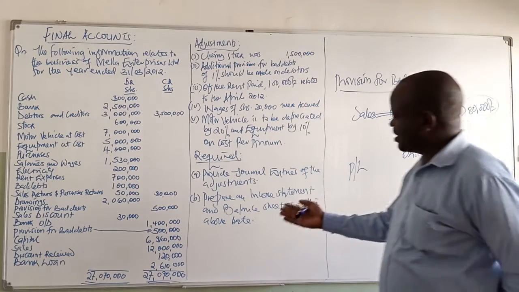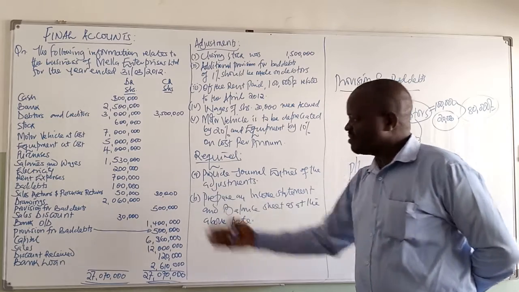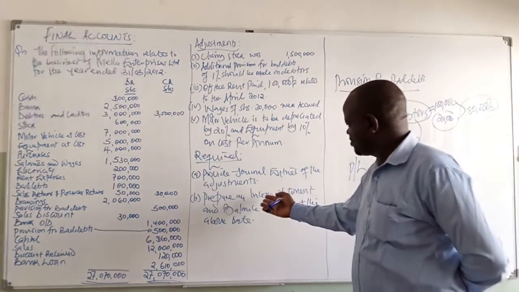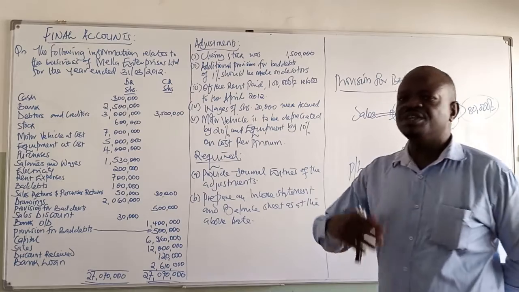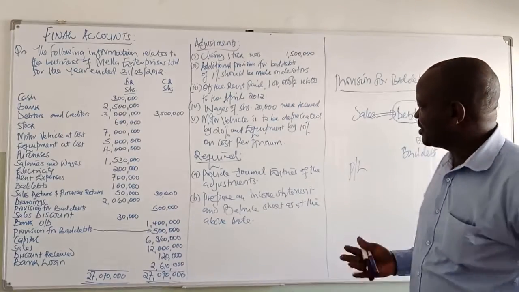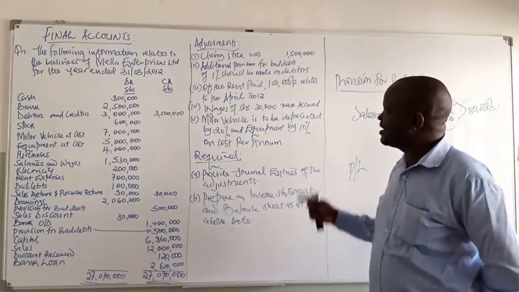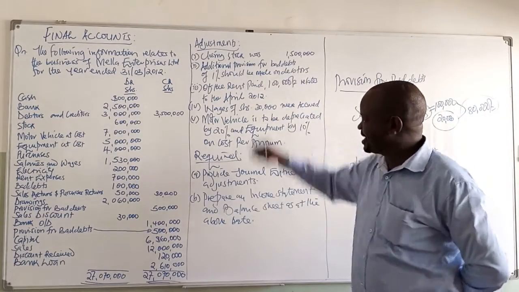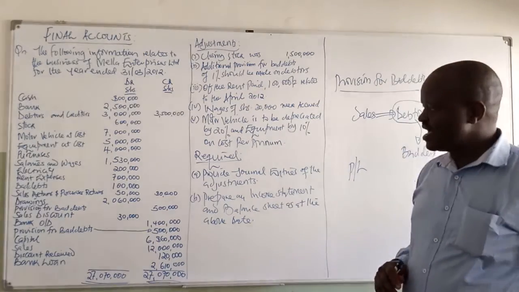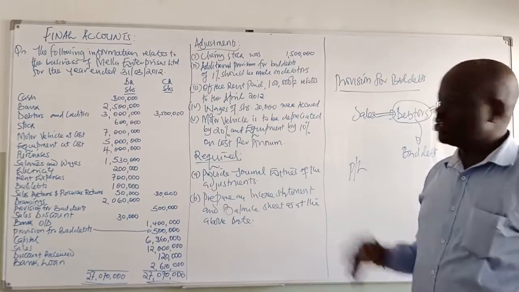Then in part 2, they are telling us to prepare an income statement and a balance sheet as at the above date. Preparation of income statement and balance sheet we have always been doing, so they are not very new to us. What is new now is the journal. How do we provide the journal entries for these adjustments? That is what we want to see, and that is why we are going to put much effort in this question.